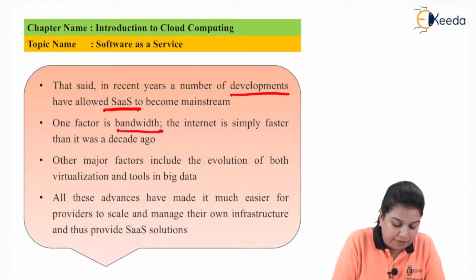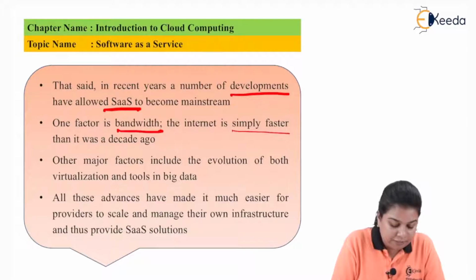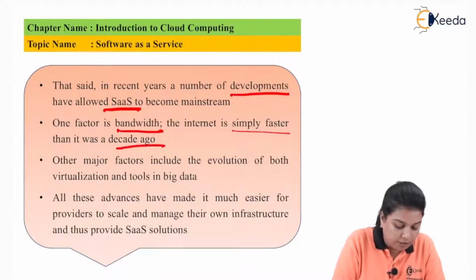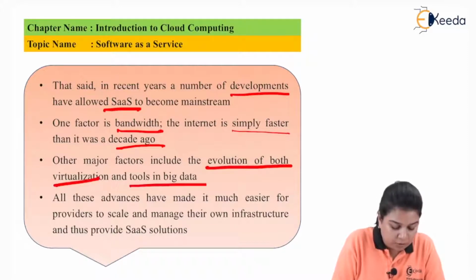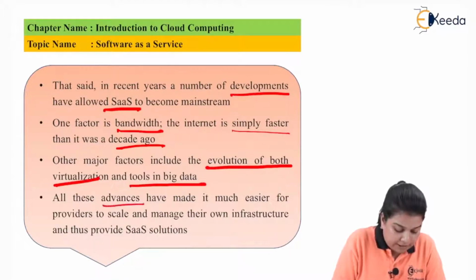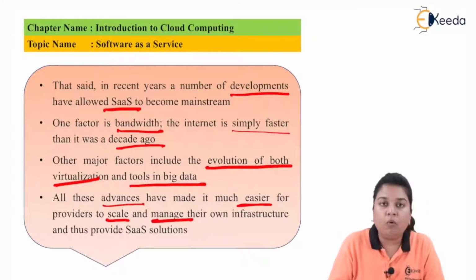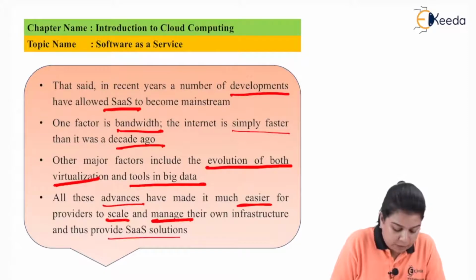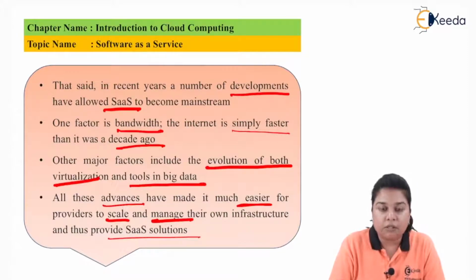One factor is bandwidth. The internet is simply faster than it was a decade ago. Other major factors include the evolution of both virtualization and tools in big data. All these advances have made it much easier for providers to scale and manage their own infrastructure and thus provide software as a service solutions.